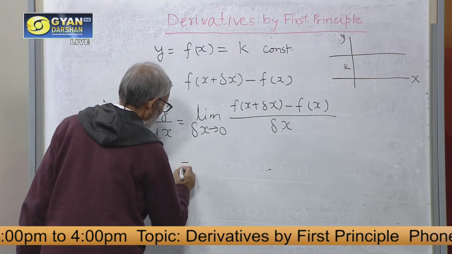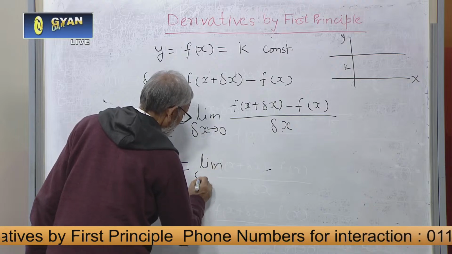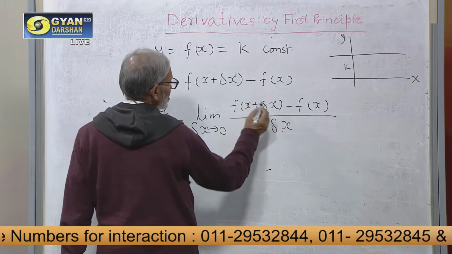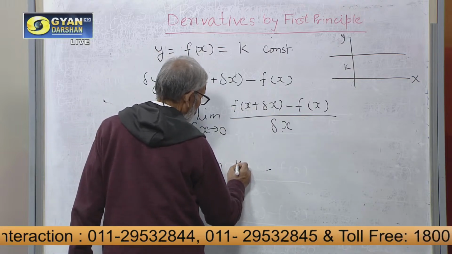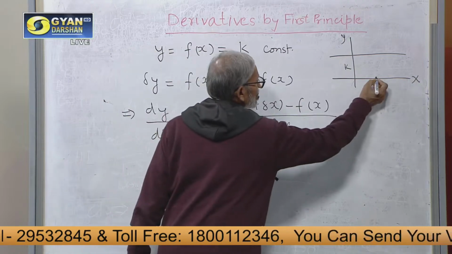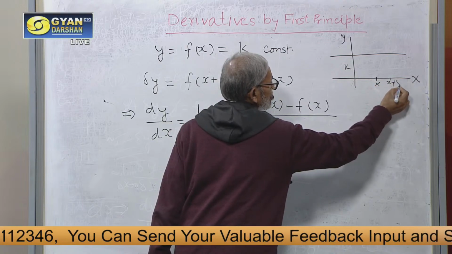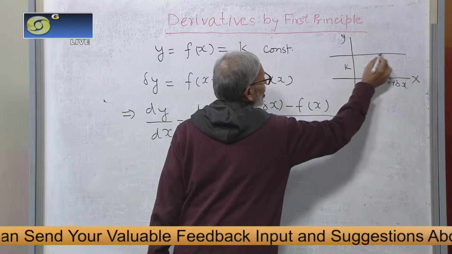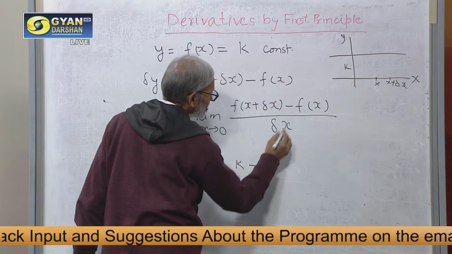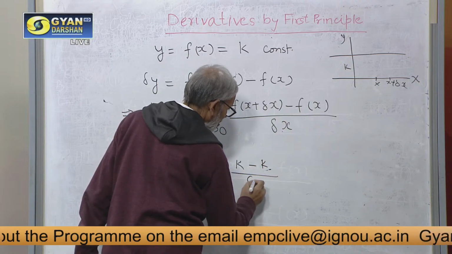So, what will be its value? Here, as delta x tends to 0, f(x plus delta x) will be equal to k, because it is a constant function, it remains k. Whatever value you take, x or x plus delta x, the value of y will remain k. So, k minus f(x), which is also k, divided by delta x.